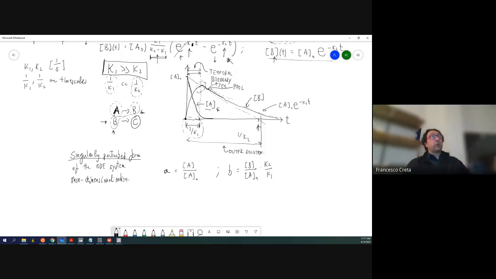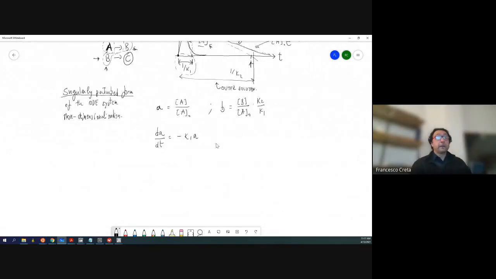So let's go back to the original system. If we substitute for A, for example, small a times A0, we're going to end up with this very simple ODE.